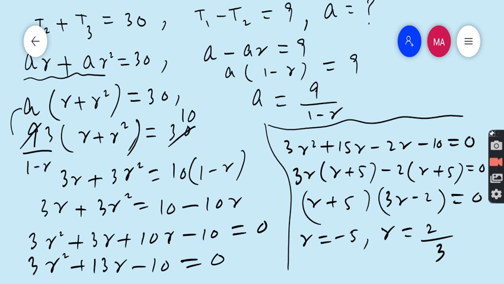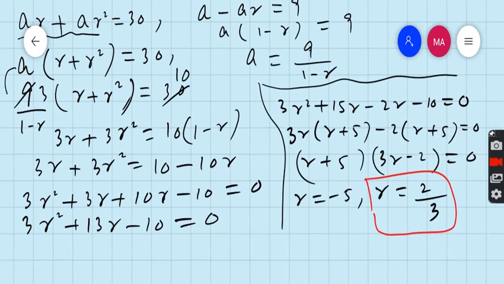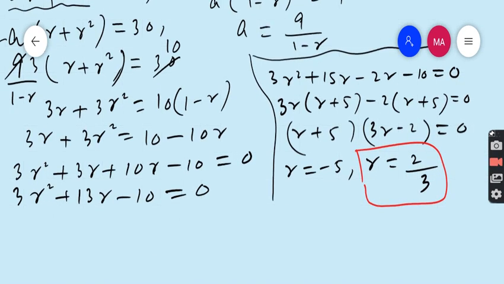And we will take only this r because according to the question, all the terms in the progression are positive, so we will not take negative r. Find the first term. This is the question.